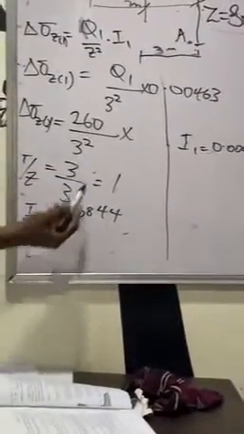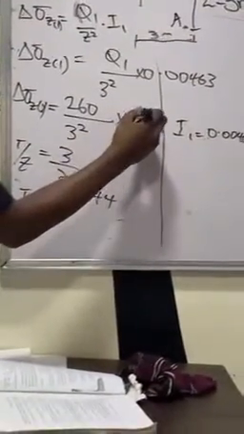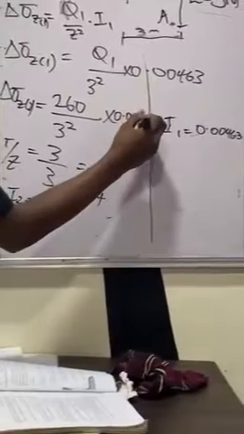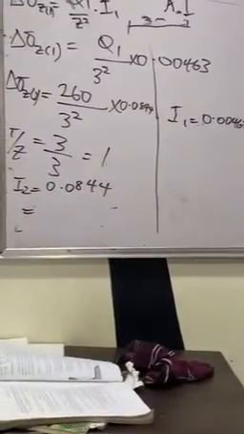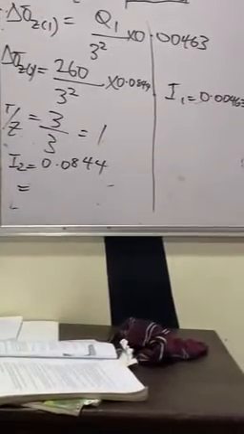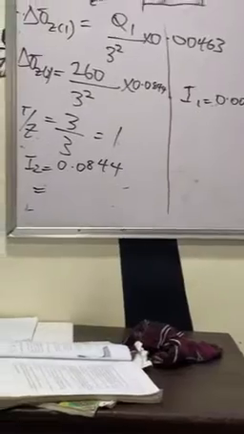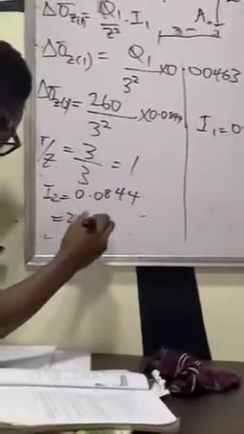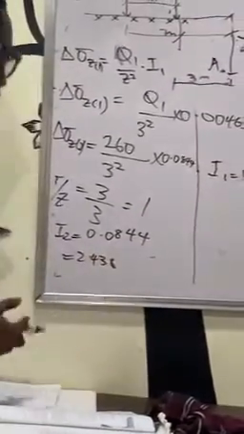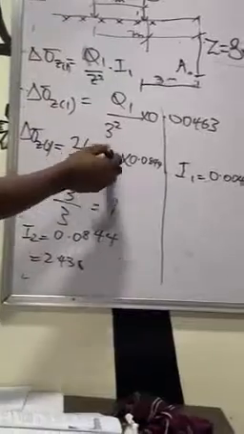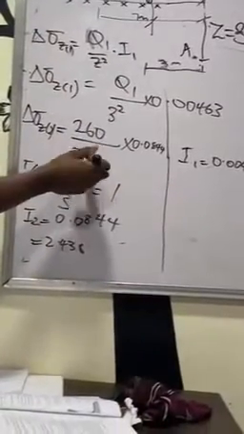Then just put this back into this formula, 0.0844. After doing the mathematics, that's 260 divided by 3 squared times 0.0844. You should get something like 2.438. Again, this is force over depth squared.